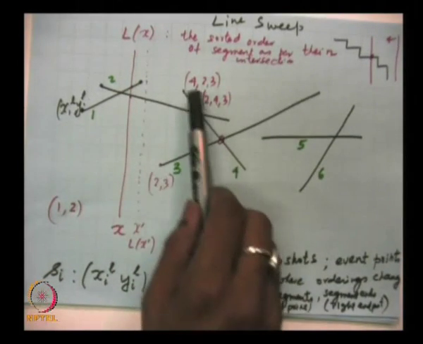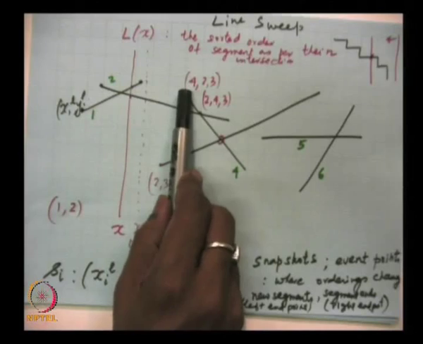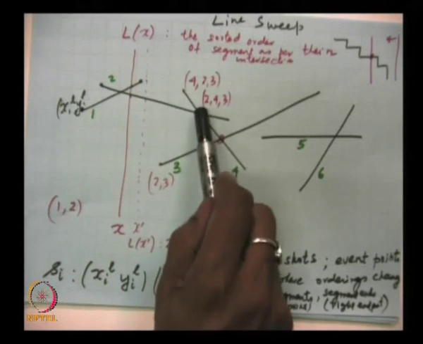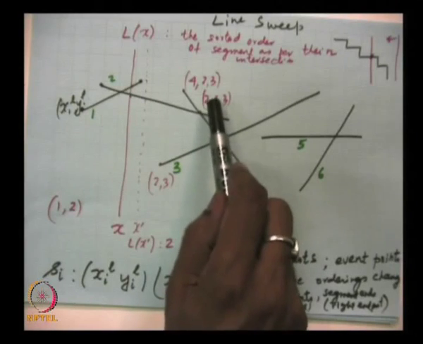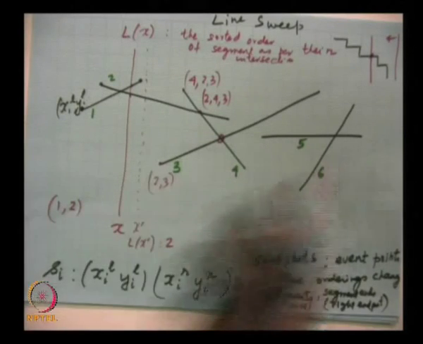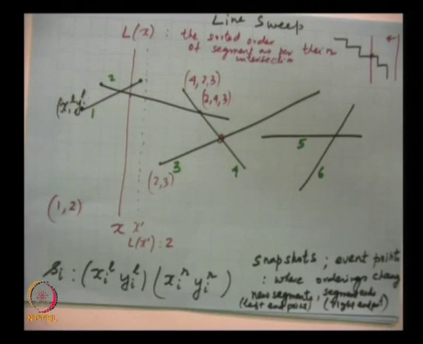So, for instance, at this juncture the sorted order is 4, 2, 3, then after the intersection it becomes 2, 4, 3 and so on. And in this process, as we sweep past all the intersection points and we can record these events correctly, then essentially we have done our job.